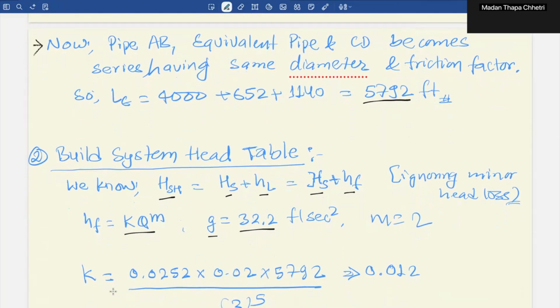So when we compute the value for K, we will have 0.012, because this is a constant, this is the frictional factor, this is the length of the equivalent pipe, and this is the diameter, which we have assumed as 3.